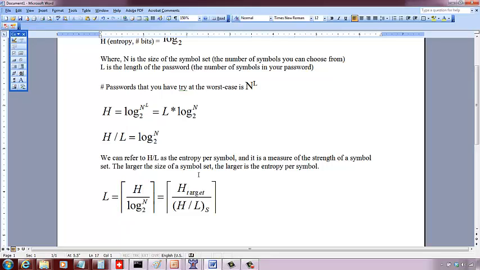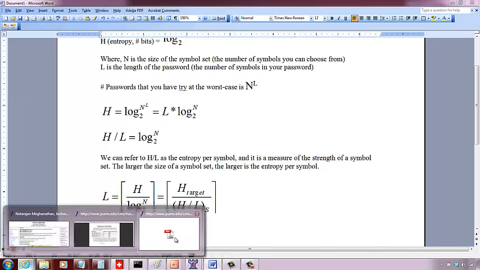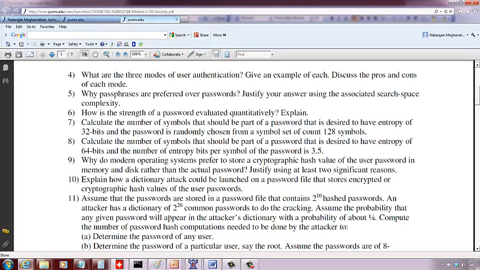Okay, so let's do a couple of problems that we have in the question bank. Let's do number 7. We want to calculate the number of symbols that could be part of a password. Which means you want to find the length of a password so that you can have an entropy of 32 bits, and the password is randomly chosen from a symbol set of count 128 symbols.